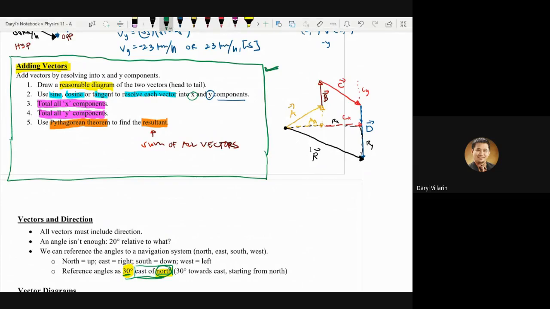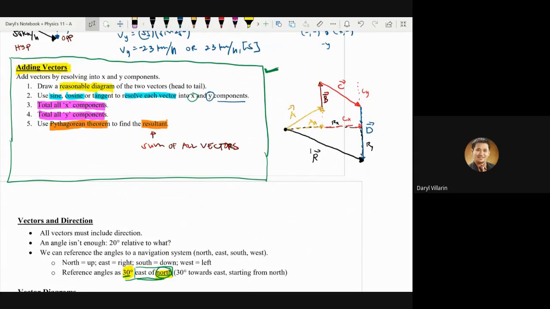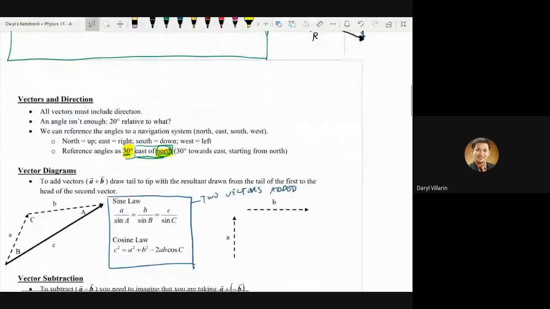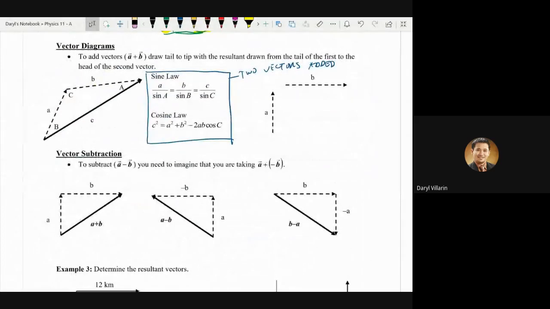Maybe it is much longer, but still you'll come up with the correct answer. And it's always good to just familiarize. Have you done sine law and cosine law already? I think not yet, right? No, we haven't done it yet.